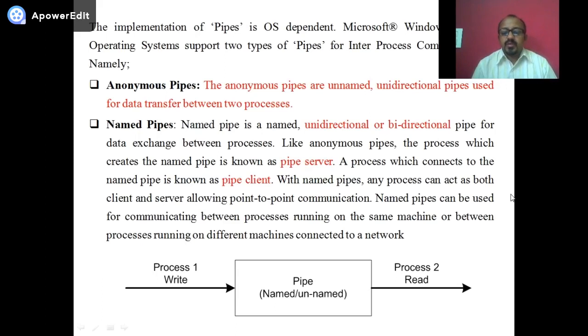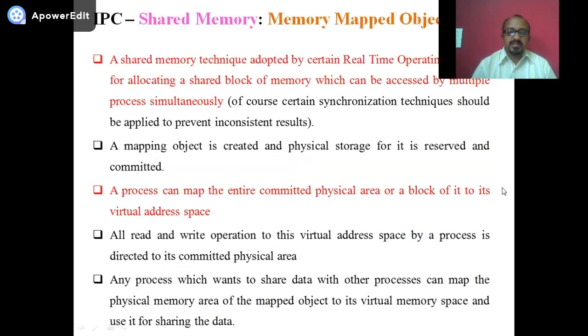A particular process name is mentioned, so that all may receive the message, but only the client which has that particular address or name will accept it, and the rest will discard it if more than one client is connected. This is called a named pipe.